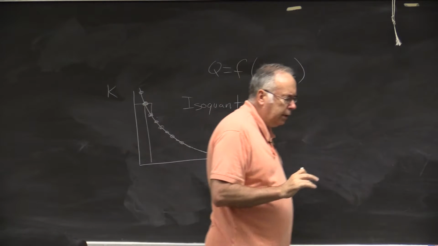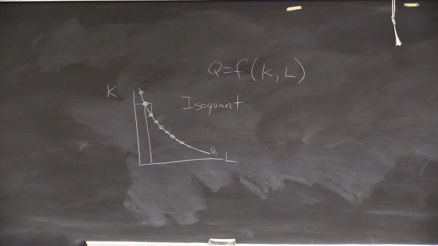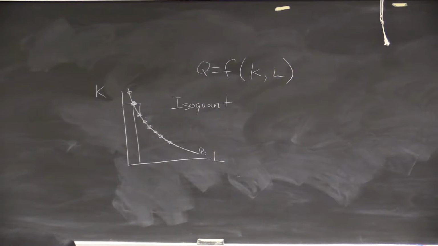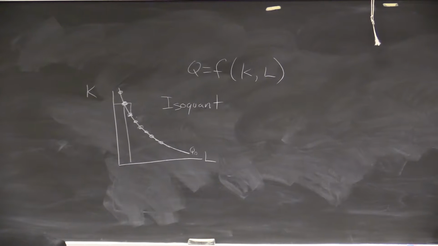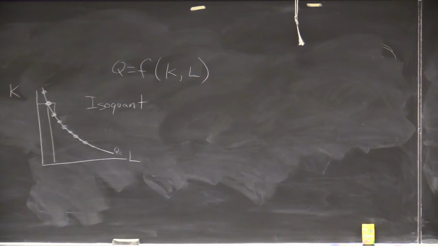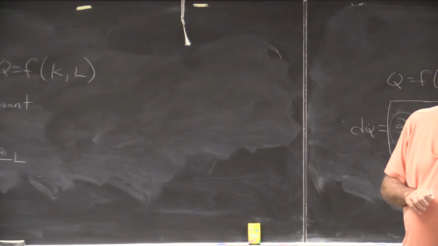A production isoquant shows all the different combinations of capital and labor capable of producing a given level of output. Maybe this is an output for, say, 100 tons of steel. You can produce 100 tons of steel using different combinations of capital and labor.